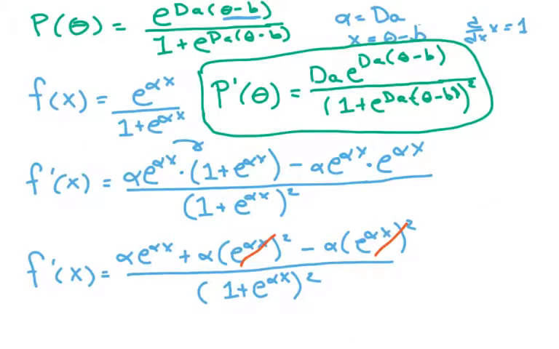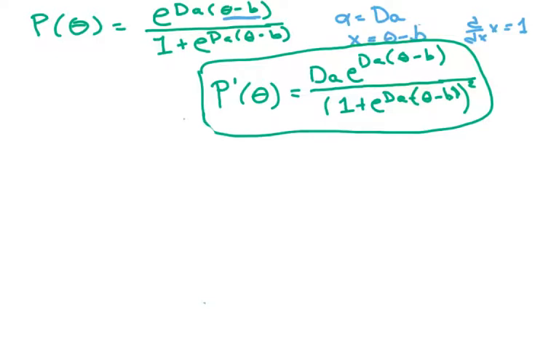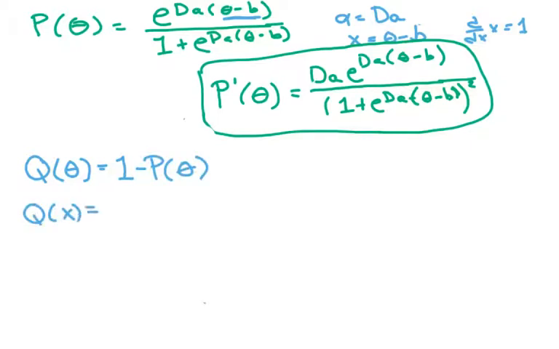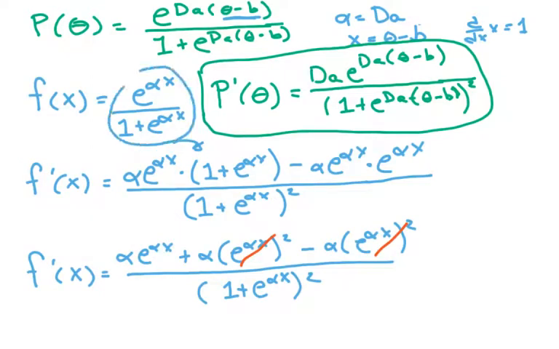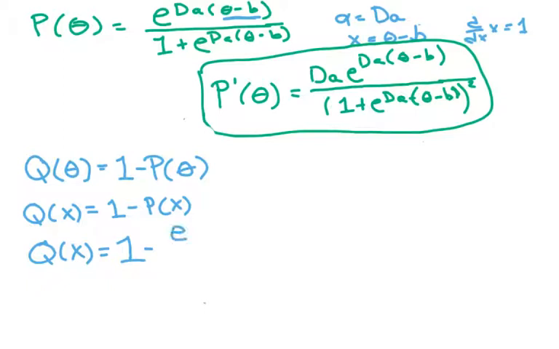Okay, so first we need to look at what Q looks like. Q of theta is 1 minus P of theta. If you want to do it a quick way, Q of x is 1 minus P of x, using this form again: 1 minus e to the alpha x over 1 plus e to the alpha x.